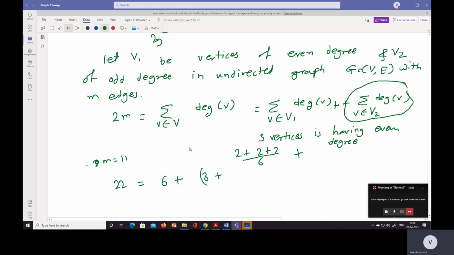I think this example is not proper, we'll take the example afterwards. Right now you just think that this is the theorem: 2m is equal to the sum over v belonging to V of the degree of v, which is the sum over v belonging to V1 of the degree of v plus the sum over v belonging to V2 of the degree of v.